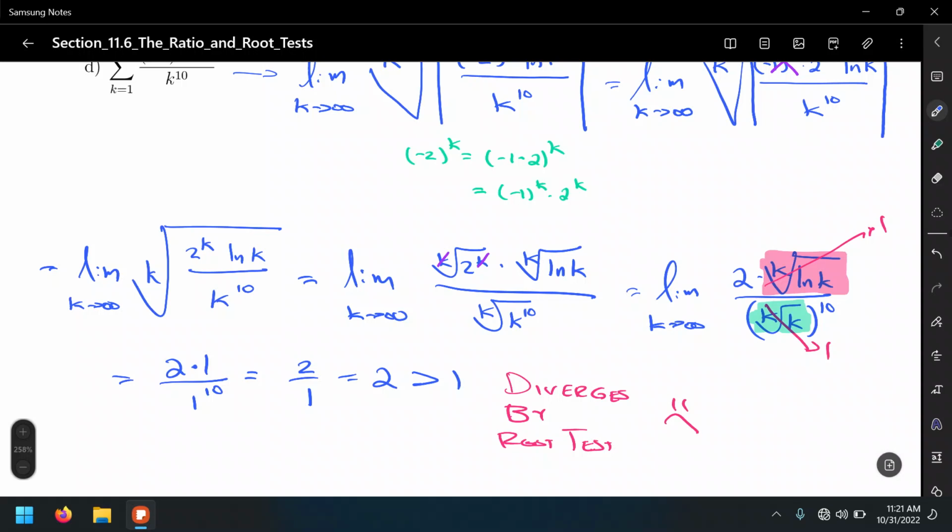Alright guys, let me just mention something important here. Actually, the root test was not a topic that we were supposed to cover. If you have access to the day-by-day schedule on Canvas, you will find out that for this section 11.6, we were supposed to cover only the ratio test. However, I covered the root test for 2 reasons. Number 1, we are ahead of schedule, so we have plenty of time to cover it.